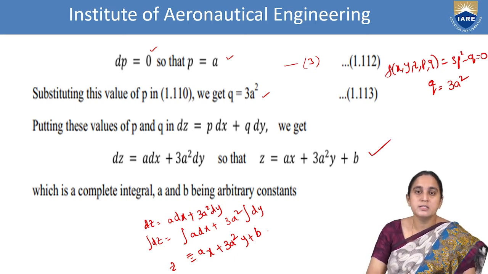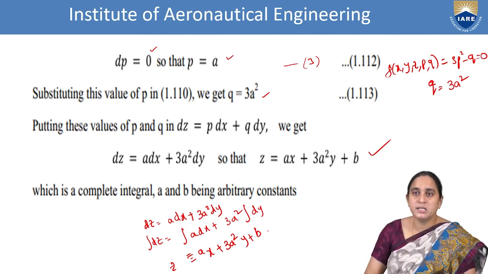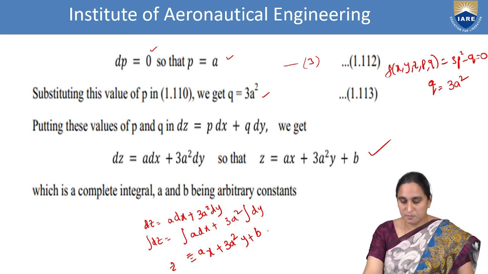If you got the p value, substitute it in the given question to get the q value. If you got q from the auxiliary equation, substitute that q value in the given question to get the p value. Then substitute p and q in dz is equal to pdx plus qdy. After that, integrate, and we get the general solution or complete integral, that is z is equal to ax plus 3a square y plus b. That's the concept of Charpit's method.